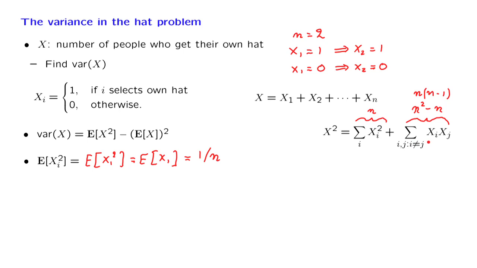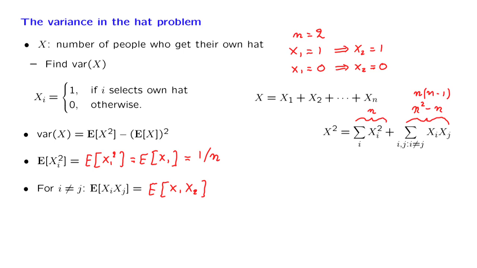Let us now move to the calculation of the expectation of a typical term inside this sum. So let i be different than j and look at the expected value of Xi Xj. Once more, because of the symmetry of the probabilistic model, it doesn't matter which i and j we are considering, so we might as well consider the product of X1 with X2.